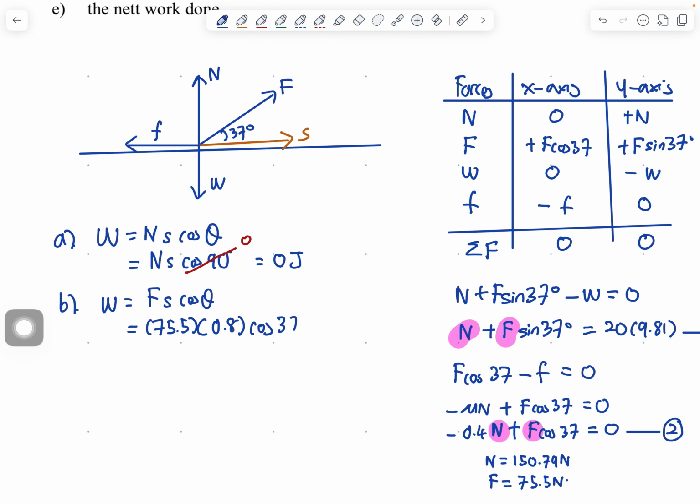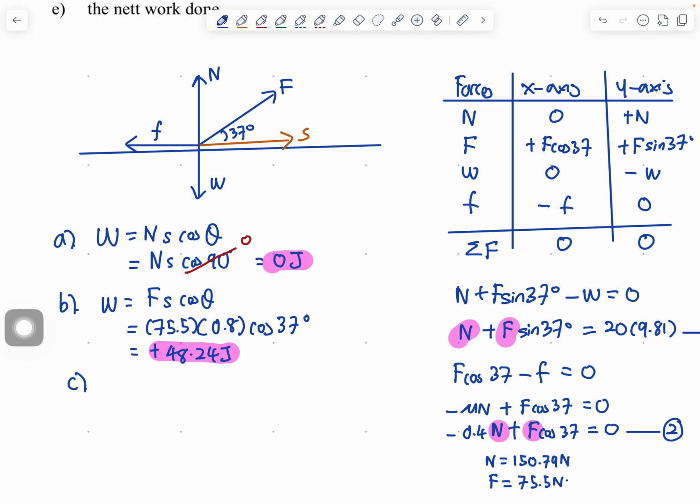So cos 37 degrees, and here I'll be able to get a positive 48.24 joule. So this is my value for the work done by the external force.